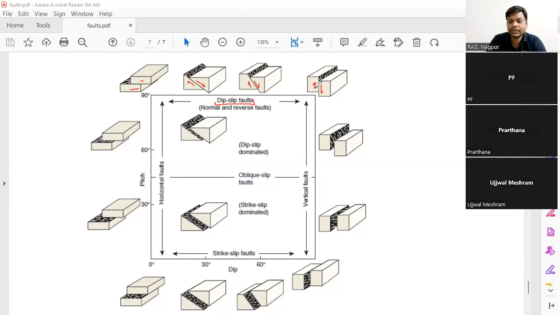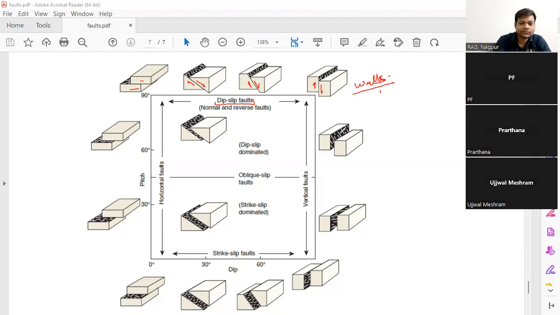Now there is a problem with respect to the vertical fault: it is very difficult to identify the walls, which wall is the hanging wall and which wall is the foot wall. So these are the dip slip faults.